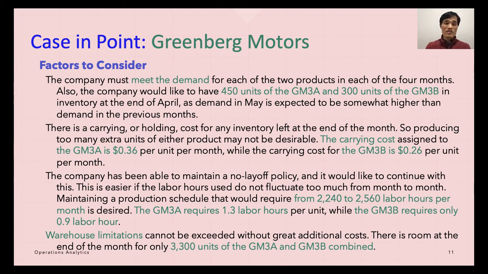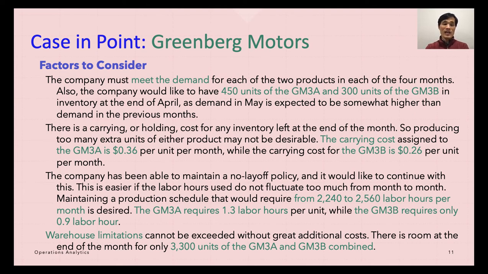Second, there is a carrying or holding cost for any inventory left at the end of the month. Producing too many extra units of either product may not be desirable because it causes some cost. The carrying cost assigned to the GM3A is 36 cents per unit per month, while the carrying cost for the GM3B is 26 cents per unit per month.